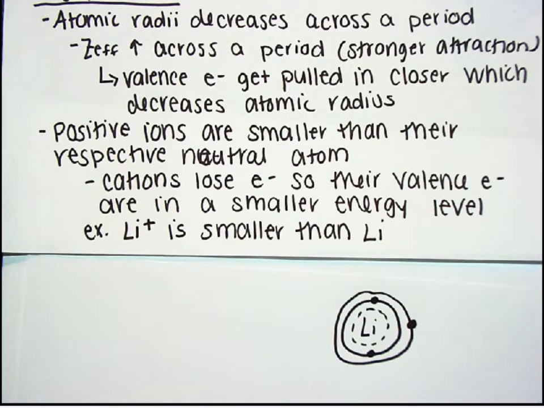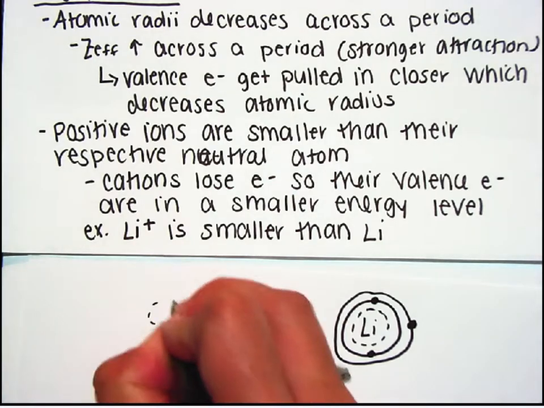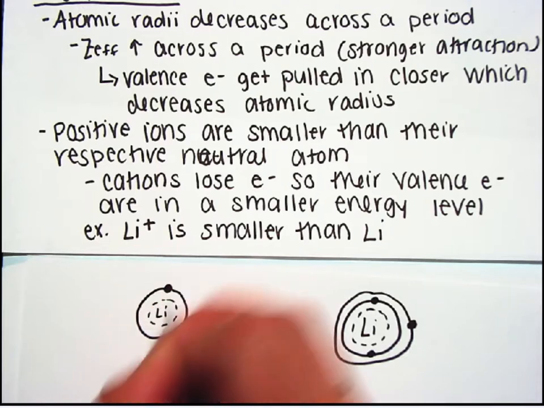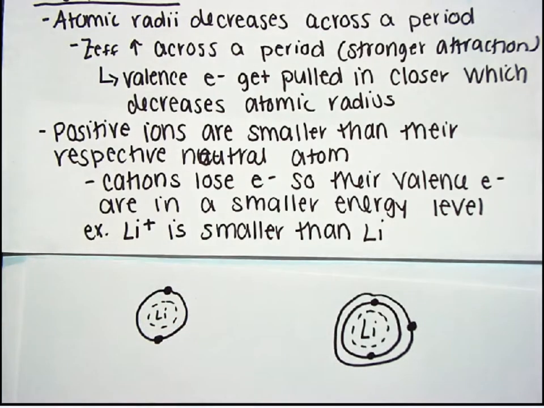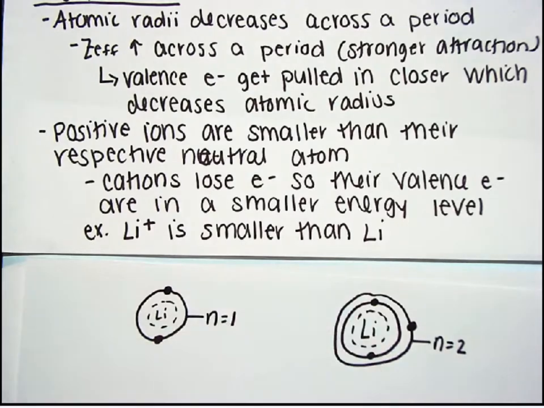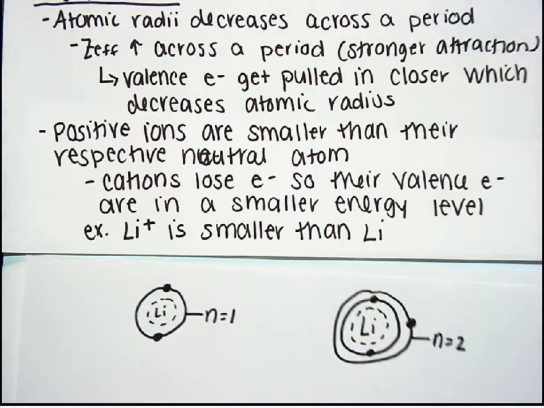Well, what happens when lithium loses an electron? It loses an entire energy level. Here, my valence electrons are in the second energy level. When lithium loses an electron, its valence electrons are in the first energy level.